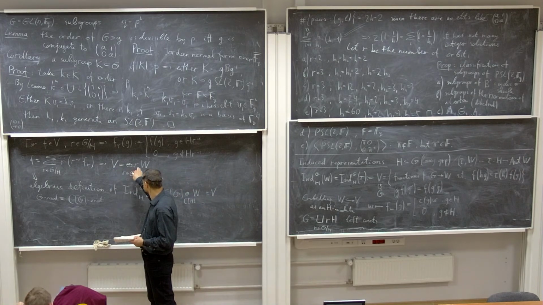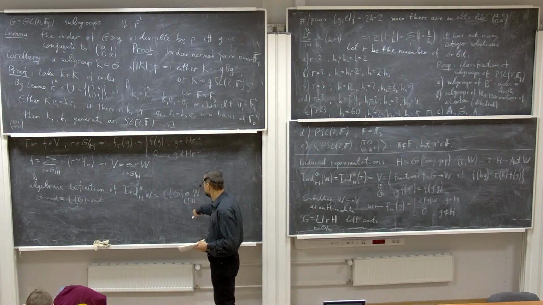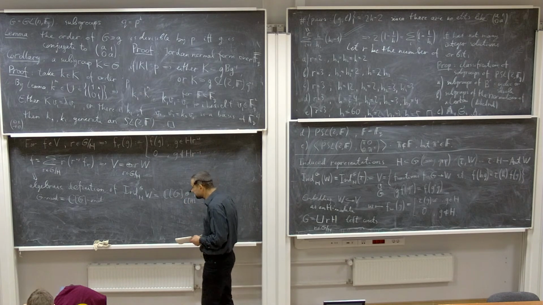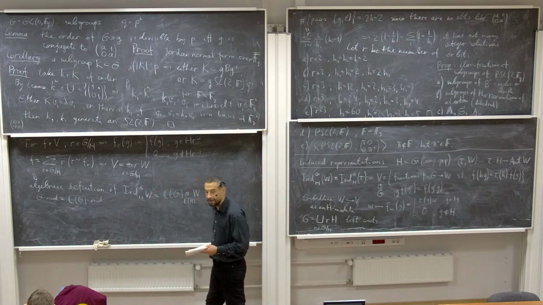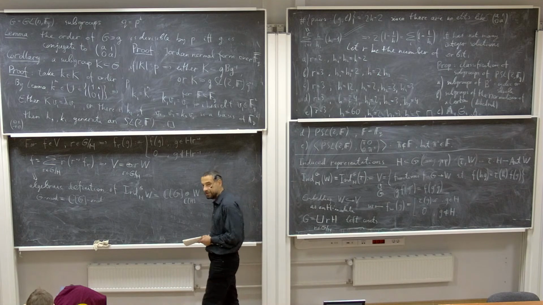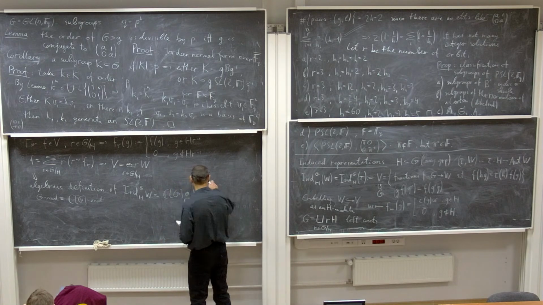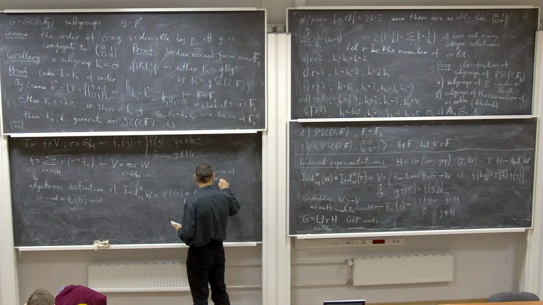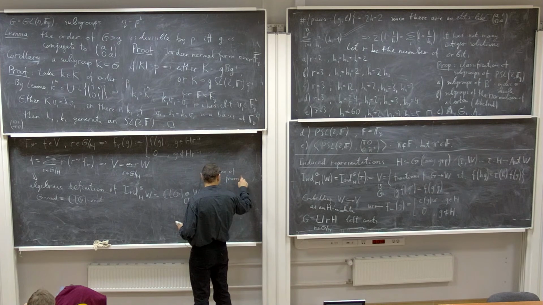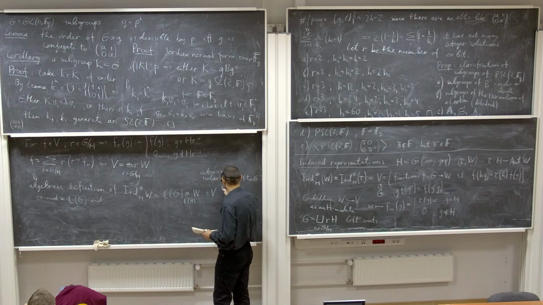So this is this decomposition over the left cosets. Right, absolutely, yes. Just this. From H to G. Or strictly speaking, from the group algebra of H to the group algebra of G.